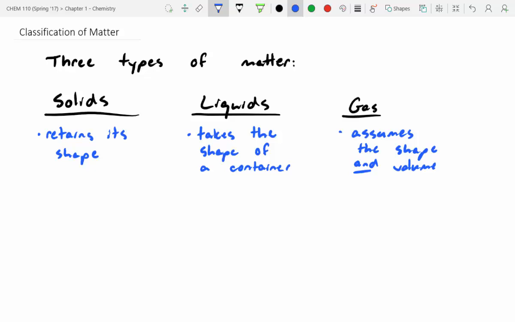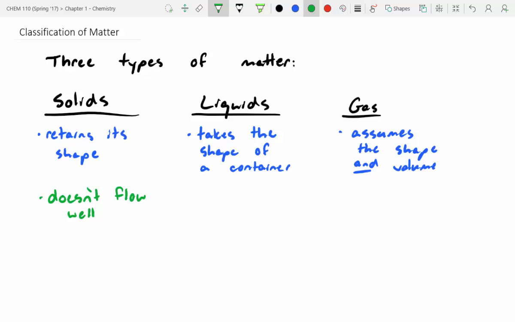All right, and then if we think about other features, a solid doesn't flow well, right? If I try to take a rock and roll it, yeah, you might get a couple of rolls, but it's not going to just randomly flow down a hill, right? So a solid doesn't flow, at least not well. There are certain situations where it will, like landslides and stuff like that, but that's more of an oddity.